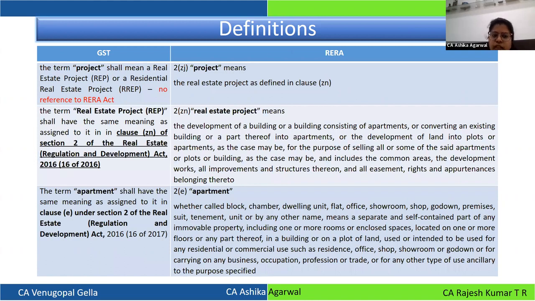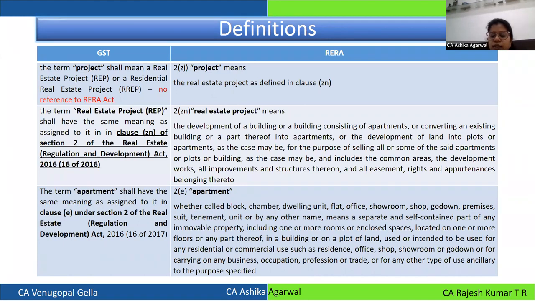Then project. Now the project under GST is of two types: real estate project and residential real estate project. Under RERA, project does not mean real estate or residential real estate project; there is only one type, which is a real estate project. Now, what is a real estate project? That again they have borrowed from RERA.